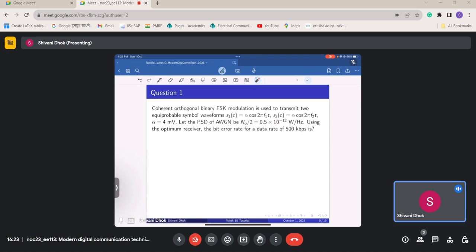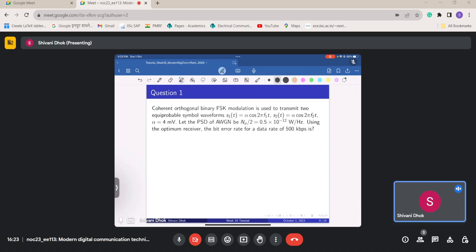Using the optimum receiver, we need to find the bit error rate for this particular constellation scheme, and the data rate that we are using is 500 kilobits per second. So this is the information that is given.